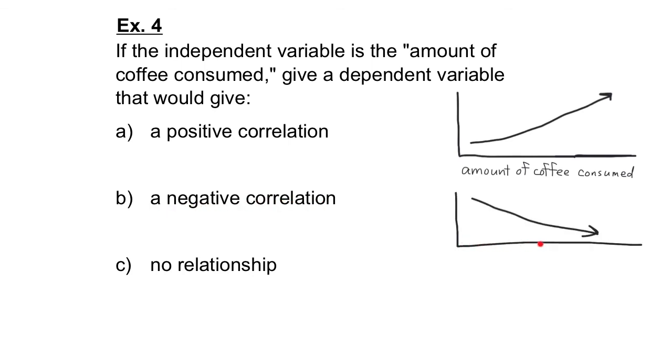As the amount of coffee consumed increases, what would decrease? Think about it. And what is something that has no relationship at all to the amount of coffee being consumed? So take a minute to think about it, come up with some ideas, and when you're done, unpause the video, come back, and I'll give some examples of things that I thought of.